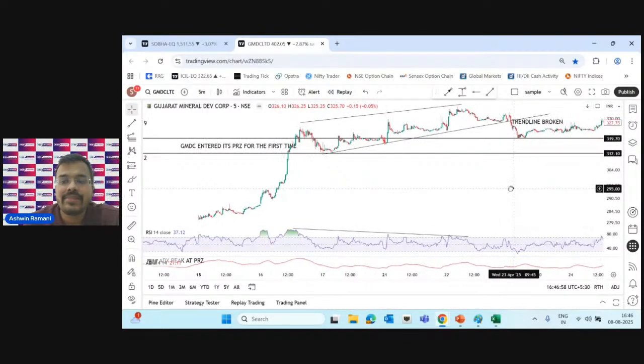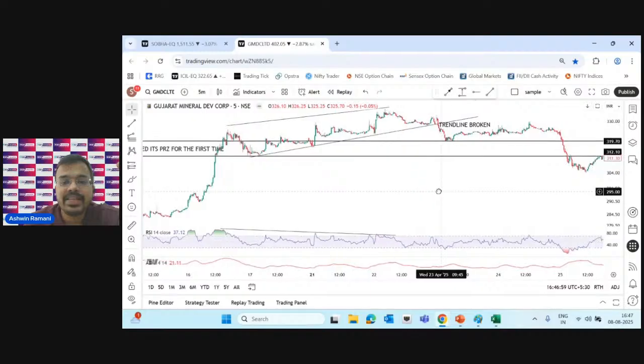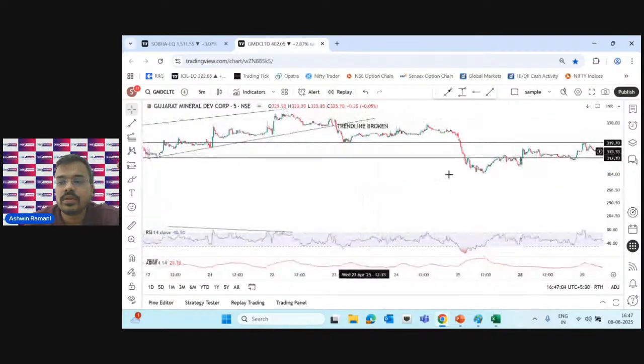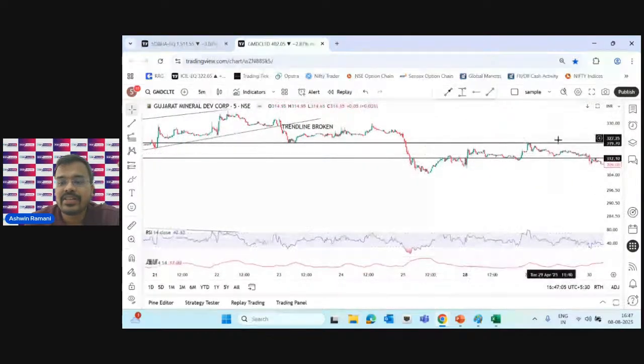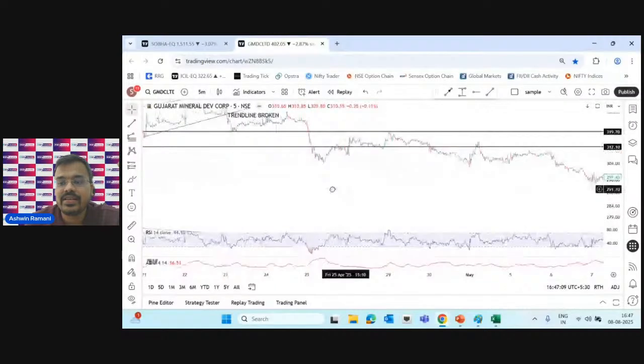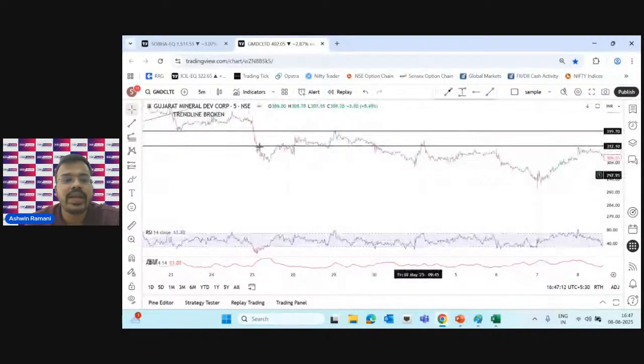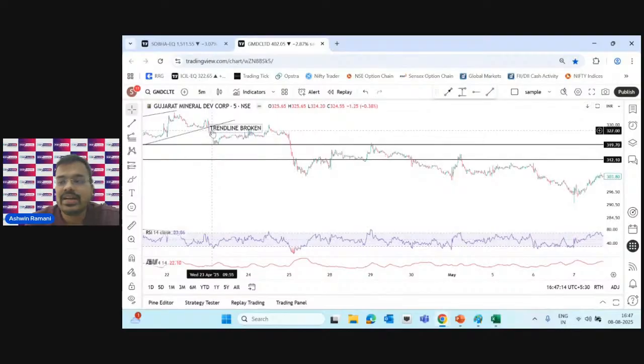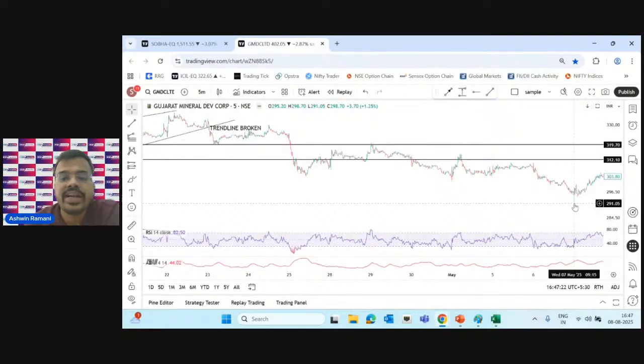And let's see what happened later. The price came back to its PRZ zone, languished at the PRZ zone here, and you can see it fell until 290 levels. The moment we got RSI divergence somewhere around 320, 325, from there onwards we went down until 291.